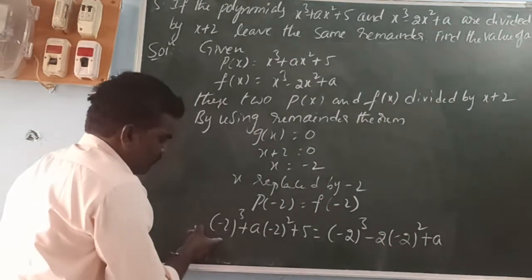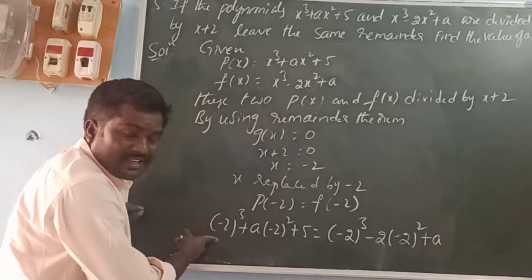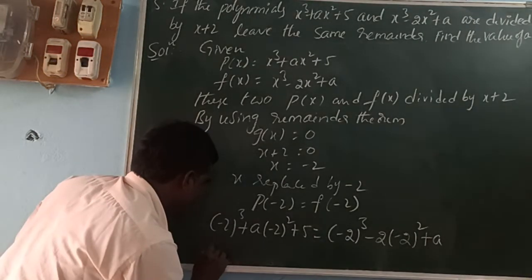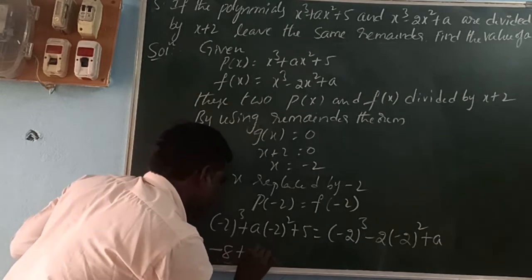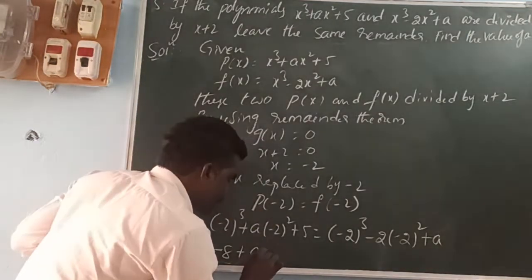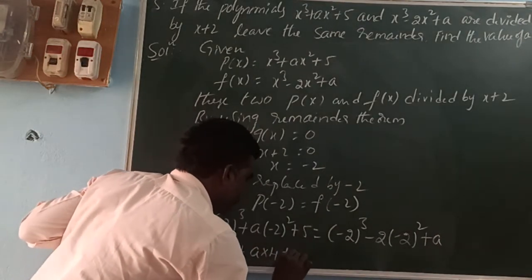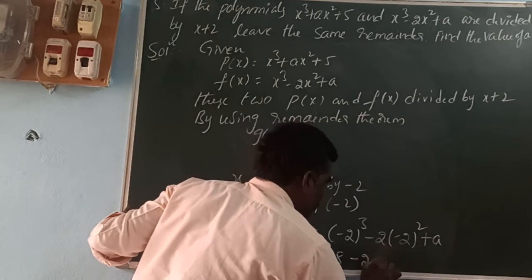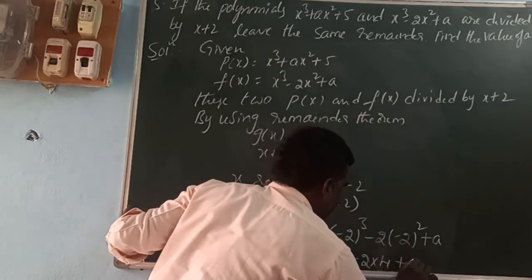A negative integer multiplied an odd number of times becomes negative, so minus 2 whole cube is minus 8. Plus a into minus 2 whole square, the negative integer multiplied an even number of times becomes positive, that is 4. Plus 5 is equal to minus 8 minus 2 into 4 plus a.